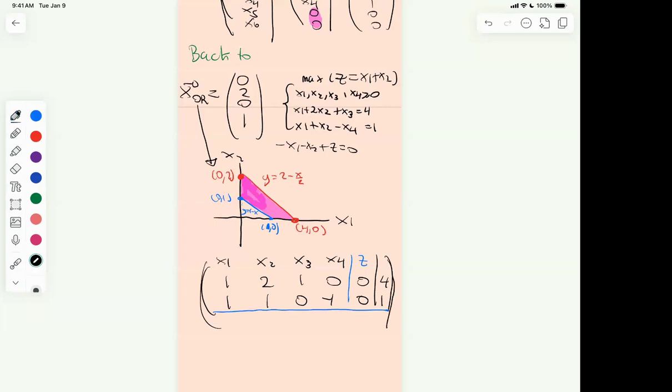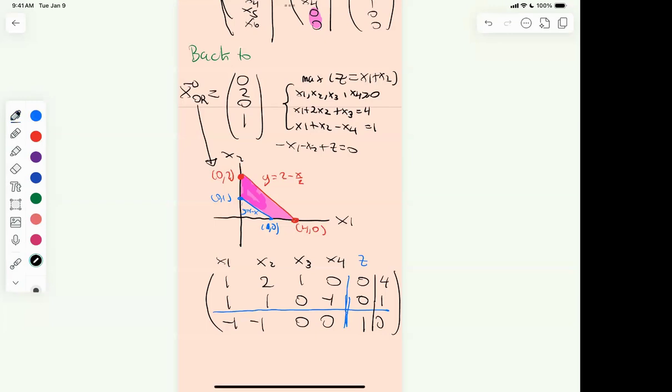That gives you -1, 1, 0, 0, 1, and this is augmented with 0. Let me make these brackets a little bit smaller, just so that it looks a bit better.